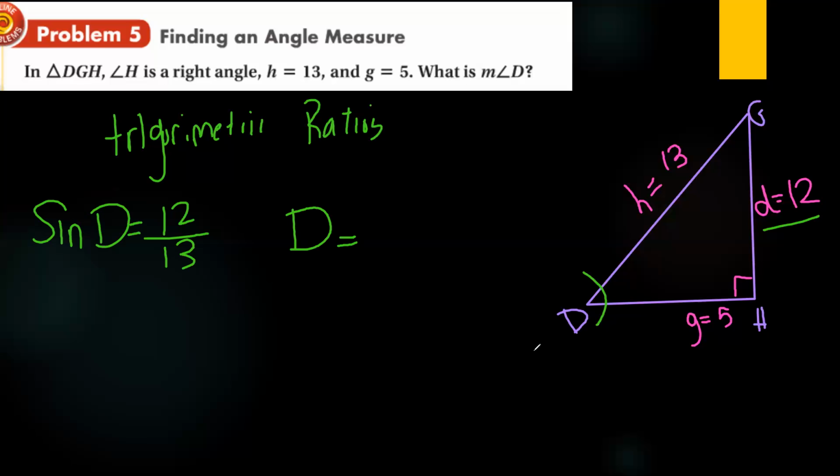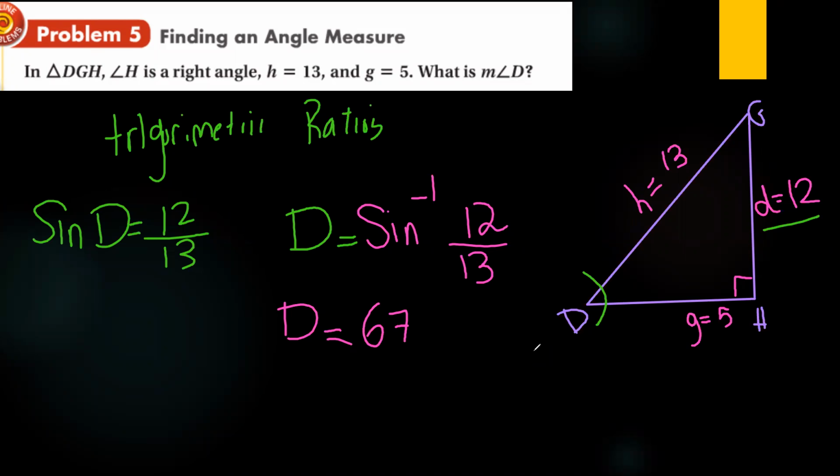You have to use sine inverse of 12 over 13. If I use sine inverse of 12 over 13, I can find the measure of angle D. So using your calculator now, sine inverse of 12 over 13 gives you that angle D is 67.38 degrees.